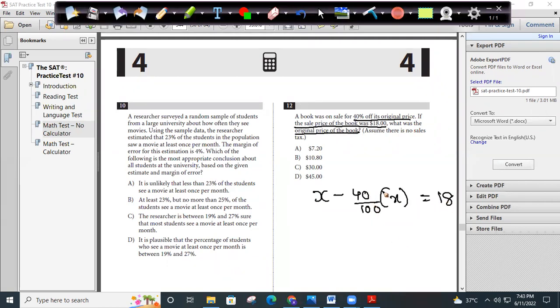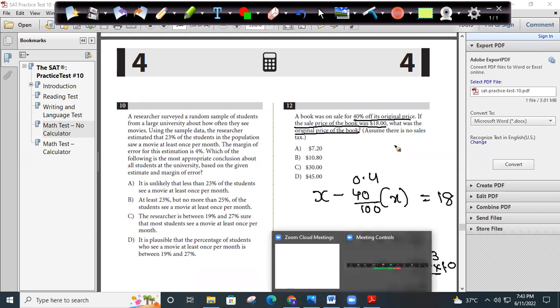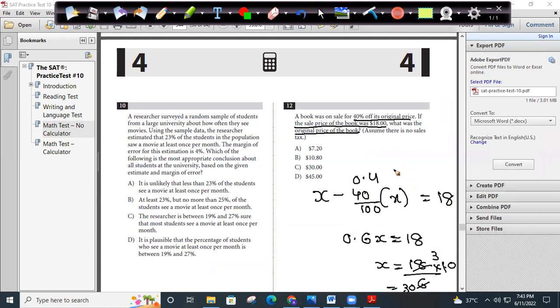So 40% can be written as 0.4. So X minus 0.4X is 0.6X. 0.6X is 18. Therefore, X is equal to 18 by 0.6, or 6 into 10 and this goes 3 times. So $30. Why are people giving different answers here? Everyone should give the same answer, right?